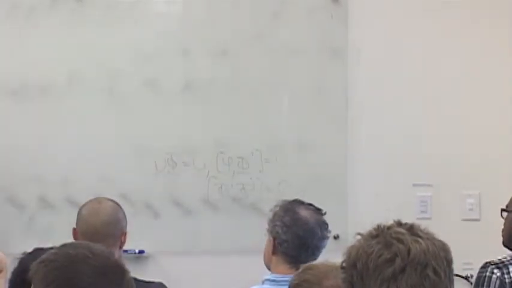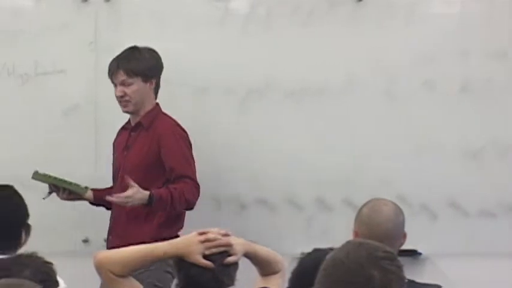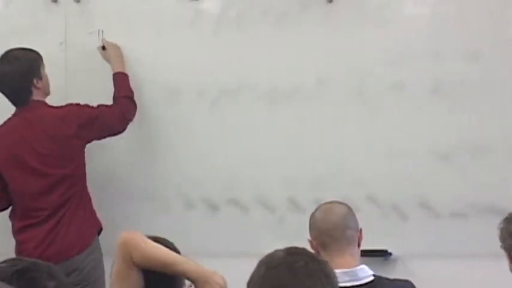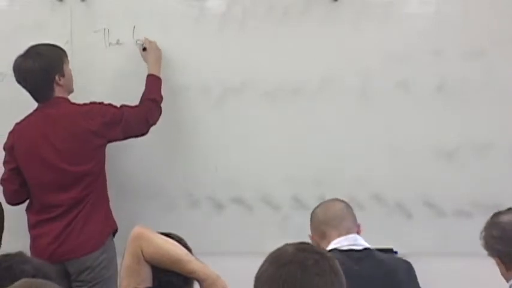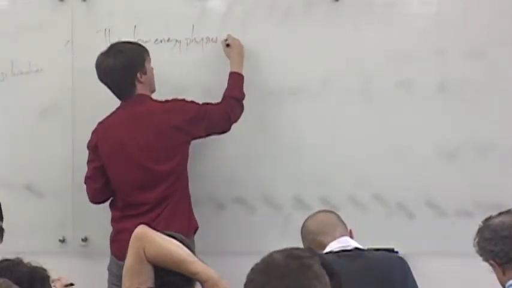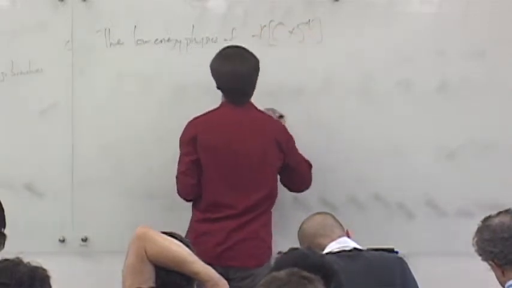I didn't tell you the whole low energy description of the theory. What I promised was to tell you exactly what the theory is at low energies, not just what its moduli space is. So the statement is that the low energy physics of theory X formulated on the space.